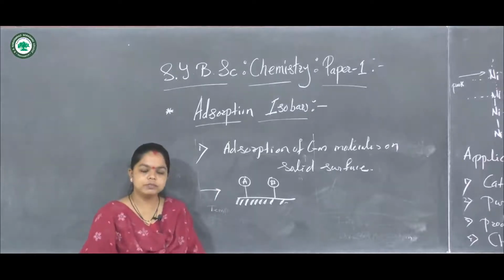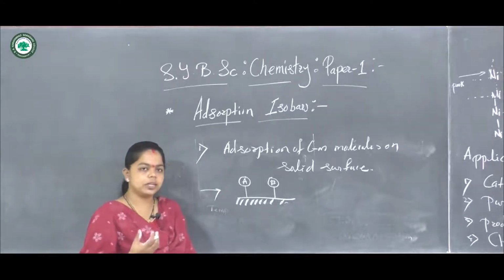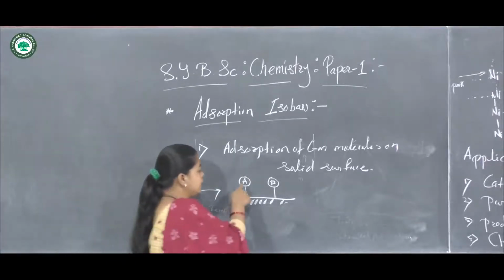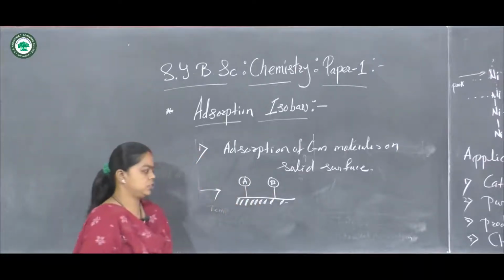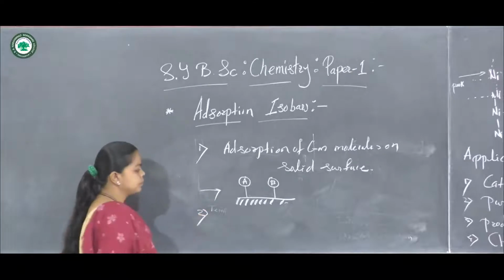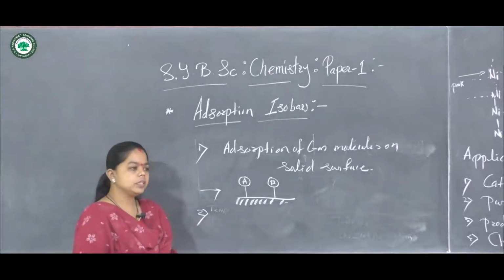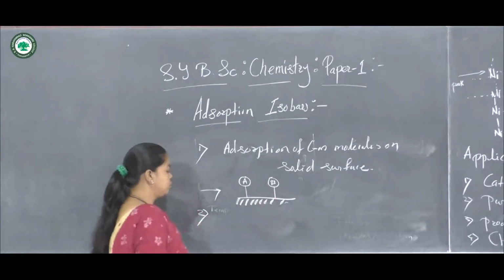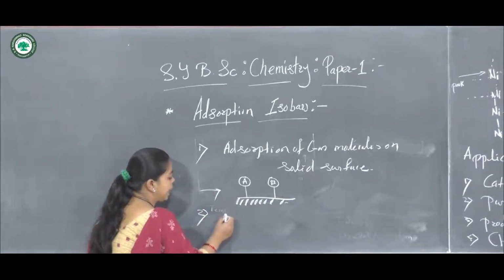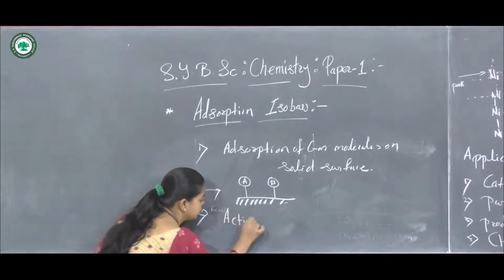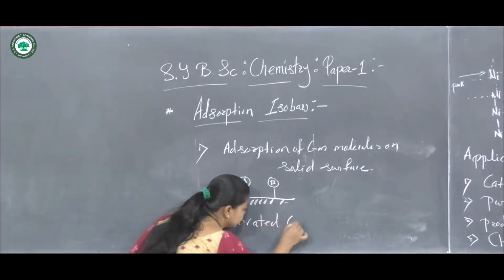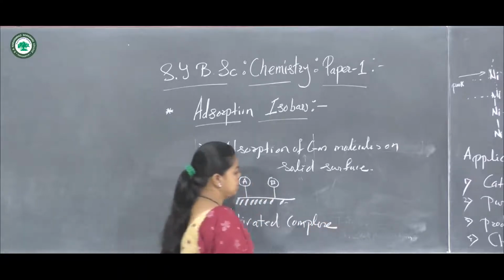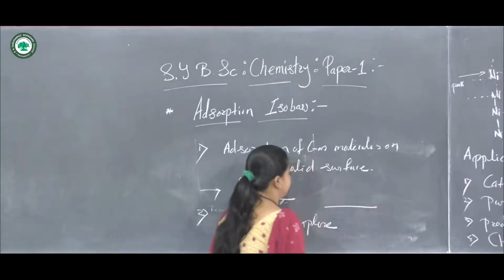The first step involves the adsorption of the gas molecules, which slowly approach the solid surface and get bound. This is the first stage. Secondly, after adsorption, an activated complex is formed. Due to the formation of bonding, in the second step the activated complex is formed on the solid surface.